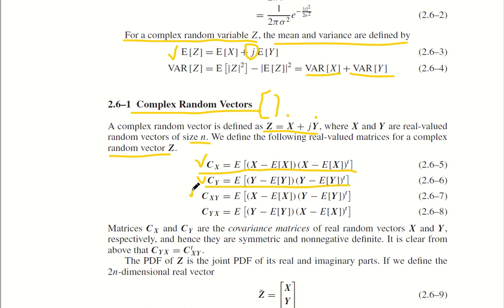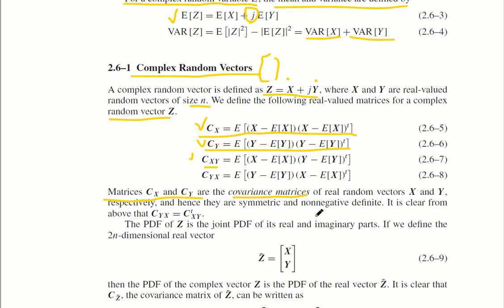And then Cxy is E of (x minus E of x)(y minus E of y) transpose. Cyx has y in front and x at the back. So matrices Cx and Cy are covariance matrices for random vectors, and they are symmetric and non-negative definite.